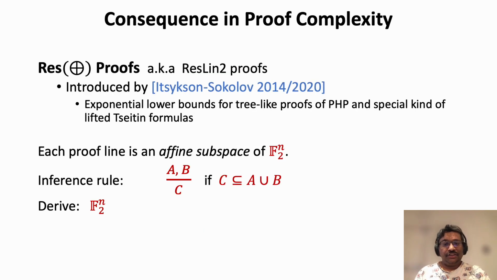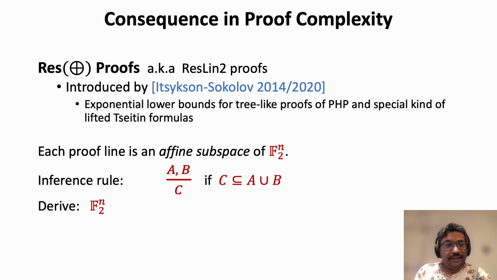Okay, so using this lifting theorem, we get the following consequences in proof complexity. So we consider a class of proof systems known as Res parity proofs. They're also known as Res lin proofs. It was introduced by Itsykson and Sokolov in 2014, and they proved lower bounds in 2020.